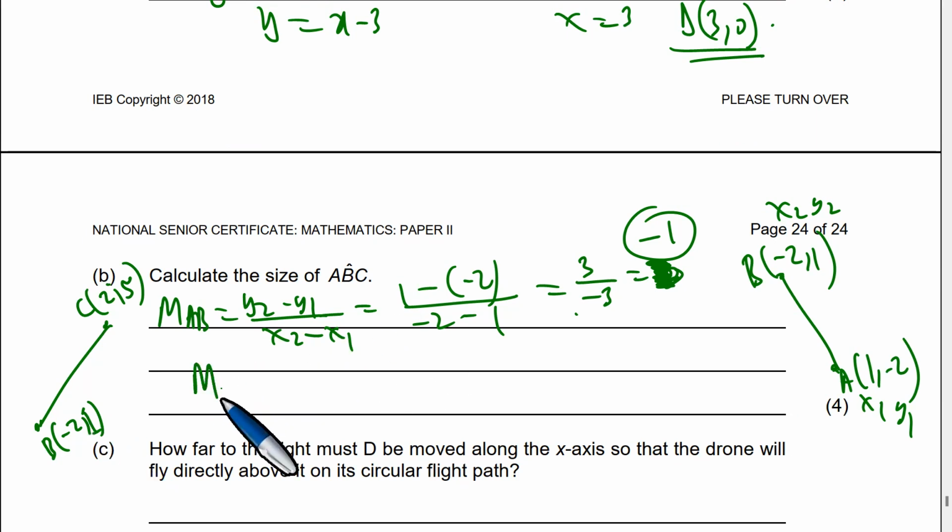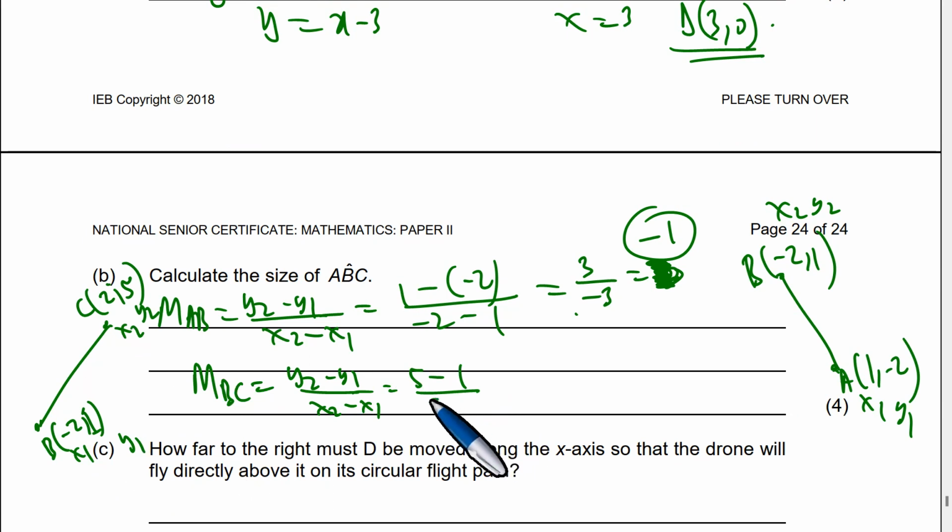So this is x1, y1, x2, y2. y2 is 5 minus y1 which is 1, over x2 which is 2 minus x1 which is minus 2. So what's the answer? This is 4 over 4, which is 1.